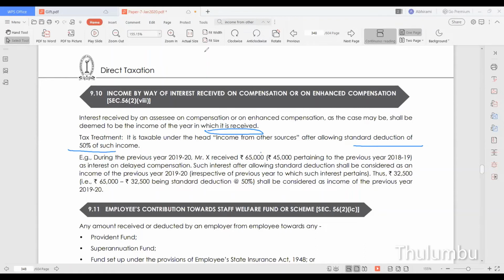Of the 65,000, 45,000 relates to the old year, that is okay. In which year have I received it? This year. So apply 50% on 65,000. So 32,500 is my taxable value. So 32,500 is taxable as income from other sources. So let us move on to the next.